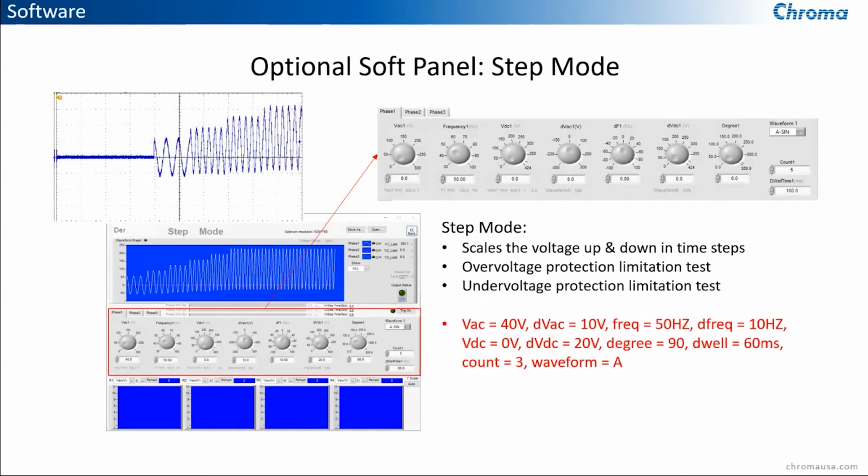The stepping voltage is 10 volts and the stepping frequency is 10 hertz. The dwell time is 60 milliseconds and has a stepping VDC of 10 volts. And in red are the exact parameters that I set to again obtain that waveform capture from the oscilloscope.